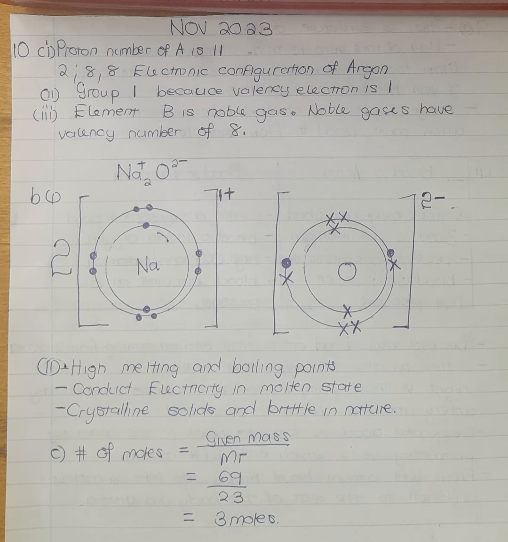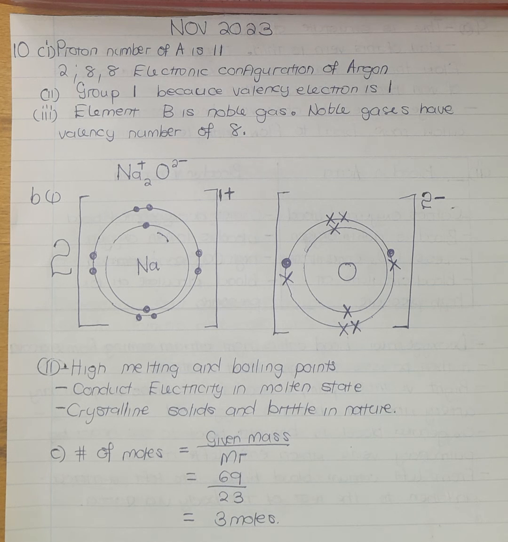And then on B part 1, we're supposed to draw a dot and cross diagram to show the bonding between elements A and C. Element A is a metal, while element C is a non-metal. So if we combine a metal and a non-metal, we are going to form an ionic bond. And in an ionic bond, there is going to be electron transfer.